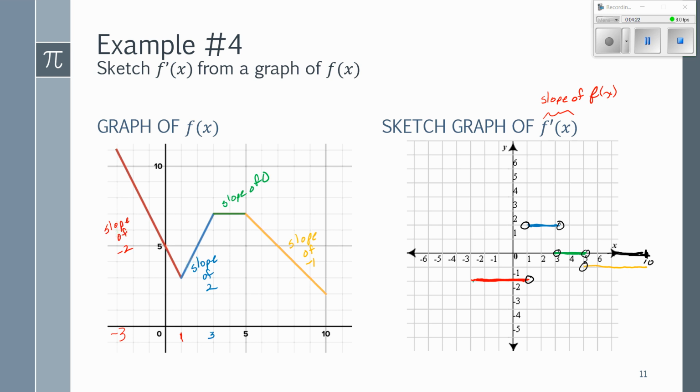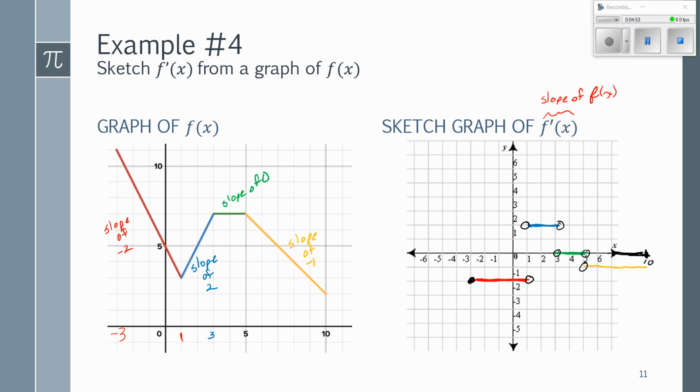Now the endpoints at x equals -3 and x equals 10, that's where the controversy comes in. I was taught that it's okay to go ahead and put a closed dot here at an endpoint of the domain, because even though the two-sided derivative doesn't exist there at x equals -3, because it's the end of the domain, it's not possible to have a two-sided derivative. So I just settle for the one-sided.